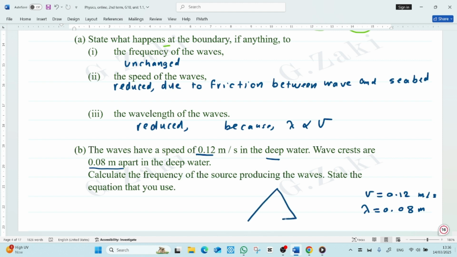Of course, the equation is that V equals lambda F. Rearrange the equation to get the frequency. So the frequency equals V over lambda. V is the speed of wave, 0.12, divided by lambda, 0.08. The answer is 1.5. Remember the unit of frequency is hertz.